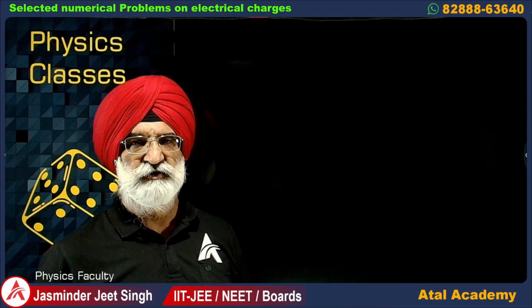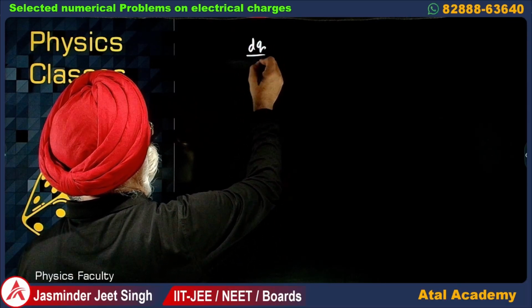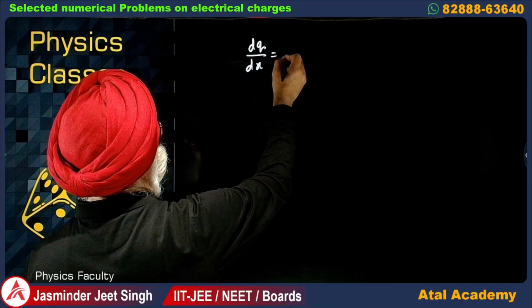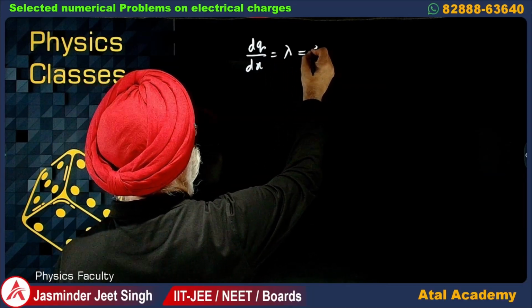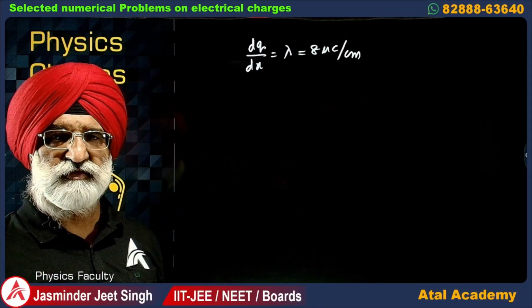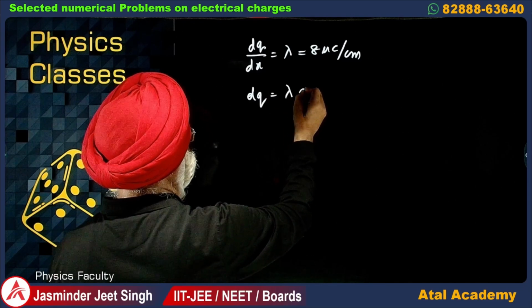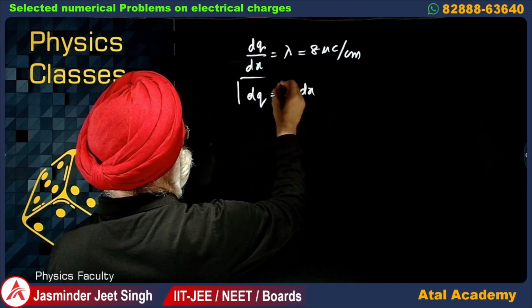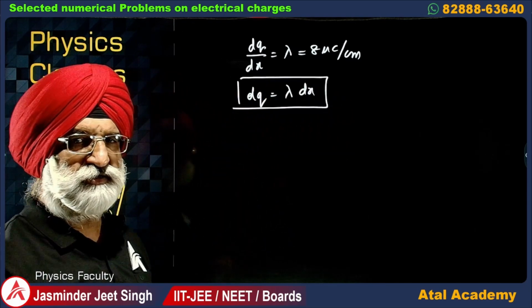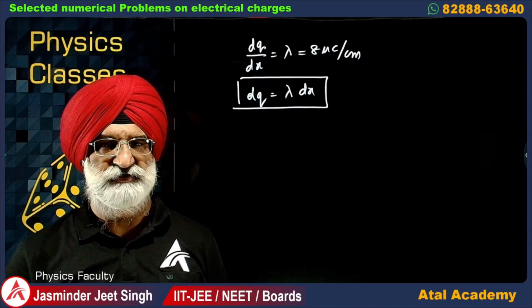We can start with the linear charge density lambda. Charge per unit length dx is lambda, which is 8 microcoulomb per centimeter. dq by cross multiplication will be lambda into dx. In order to find the total charge, we will have to integrate this expression within suitable limits.